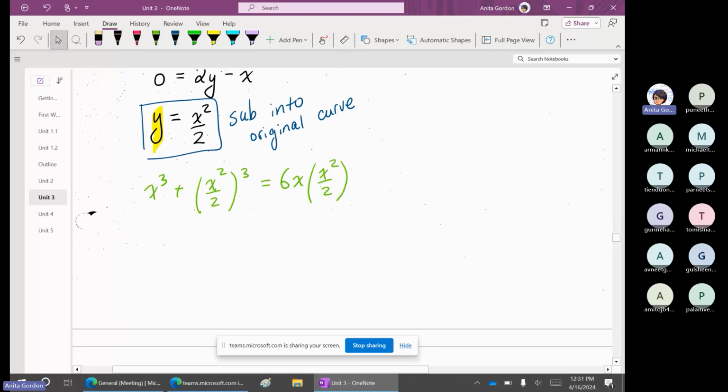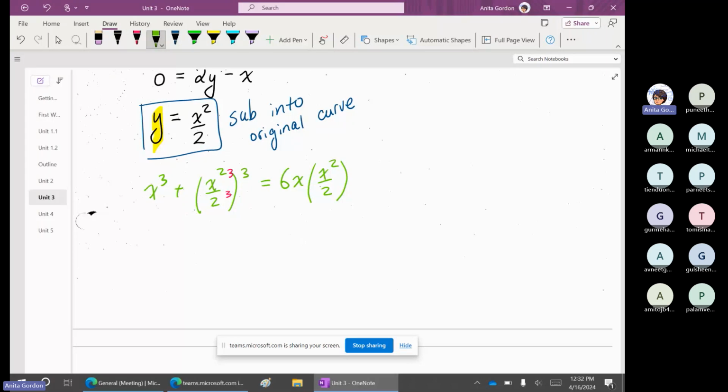I'm going to multiply everything by 2 and then simplify the exponent. So this will be 2x cubed plus, oh no, it's not 2x cubed. Remember, this is like saying cube this and cube this, right? So I have to do top and bottom.